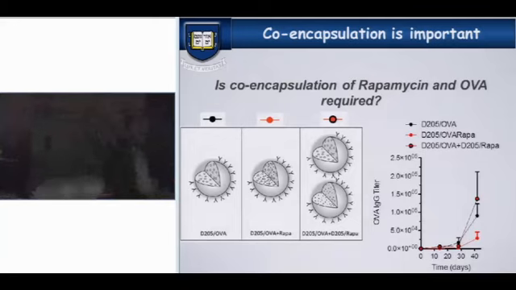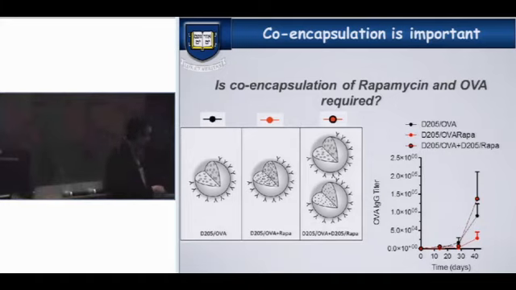If you were to take the antigen in one particle and the drug in another, mix them together, and use that as your formulation, that doesn't do the trick. In other words, the antigen and the drug need to be spatially localized to the exact same cell. This experiment shows what I just said verbally: these DEC-205 plus OVA particles are separate versus the combined.